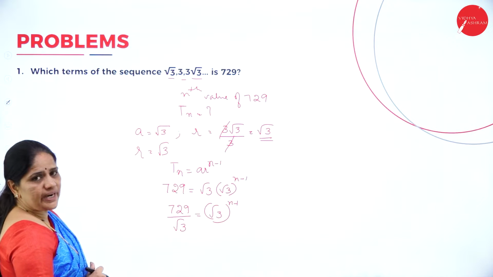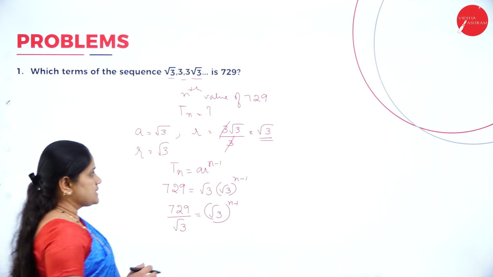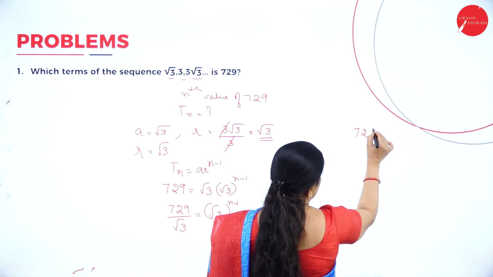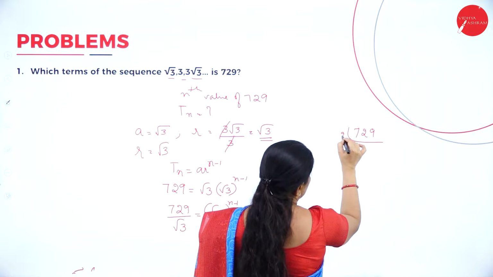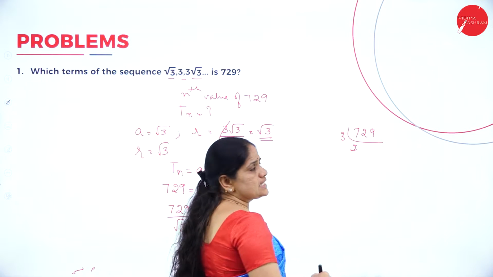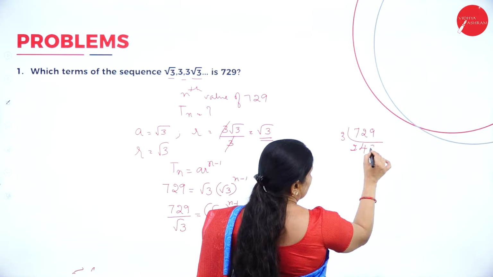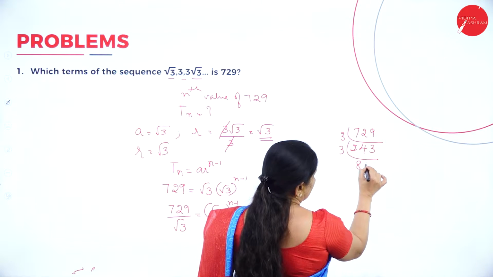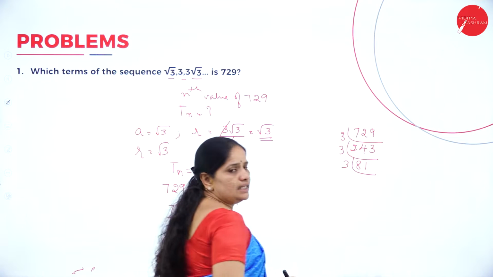Now this 729, we will factorize it. 3 2s are 6, 3 4s are 12, 3 3s are 9, then 3 8s are 24, 3 1s are 3.